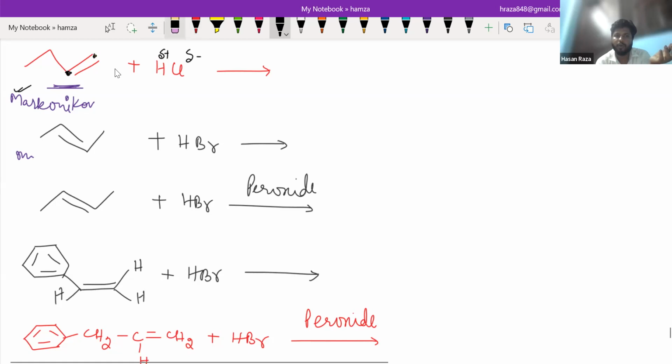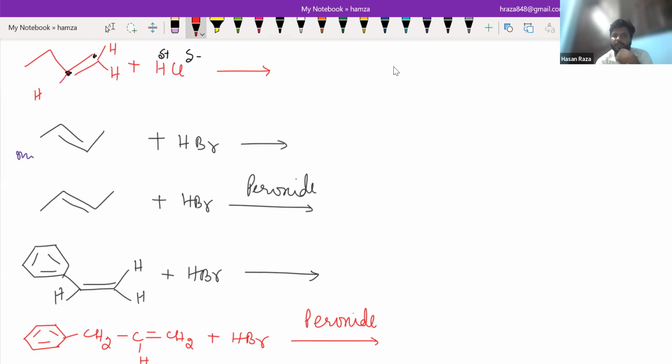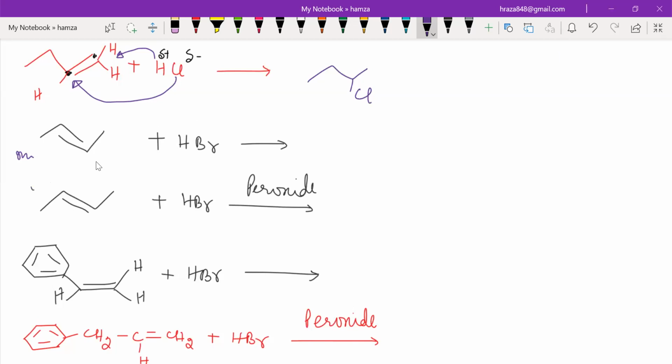If you draw the structure, this will have one hydrogen and this will have two hydrogen. So the negative part will go to that carbon which has less number of hydrogen, and the positive part will go to that carbon which has more number of hydrogen. So the product will be like this. Yes or no? Yes, sir. This is anti-Markovnikov. Please do it.